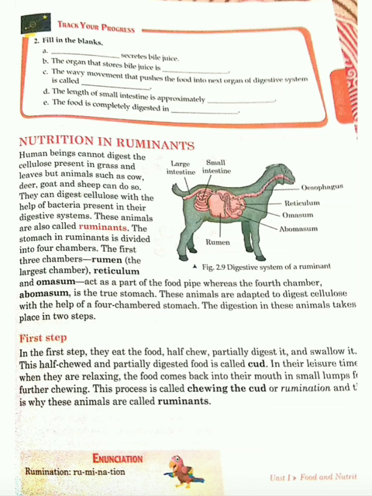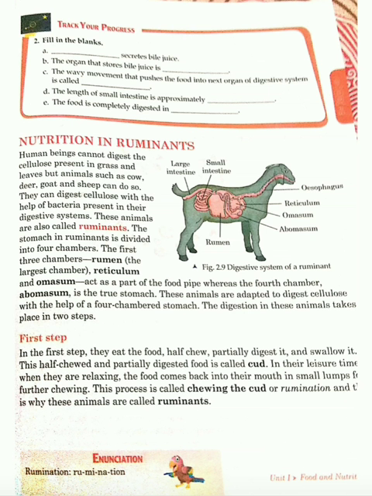The stomach in ruminants is divided into 4 chambers. The first 3 chambers are the rumen, which is the largest chamber, then the reticulum, and then the omasum.